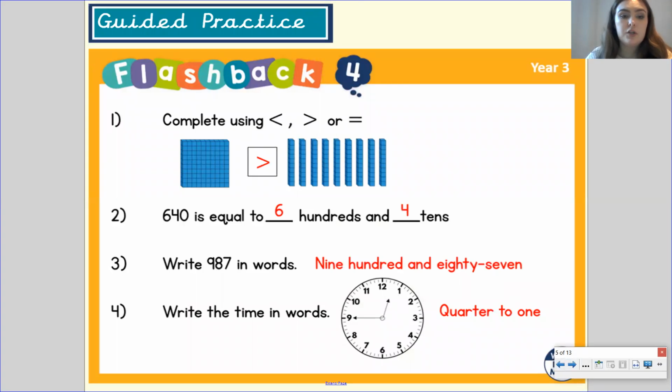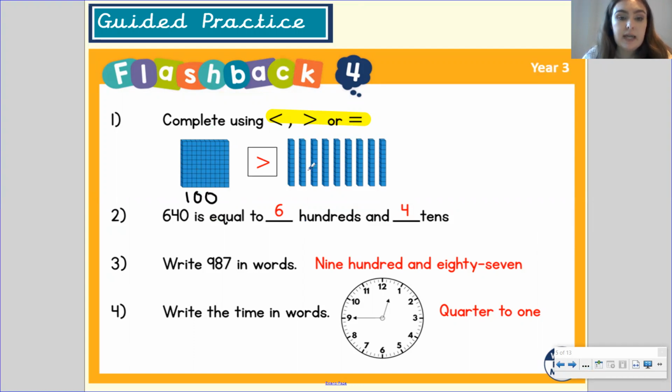Okay, so question 1. For this question, you needed to complete this by using less than, more than, or equal to. So you needed to find out how much was on each side. So here we've got 100 square, which means this is worth 100. Let me get my pen so I can write that down. So this one here is worth 100.